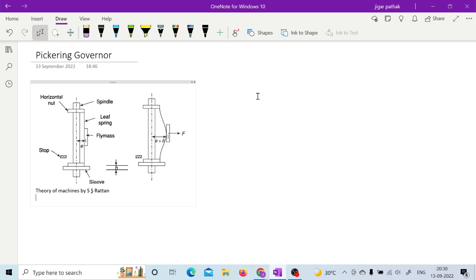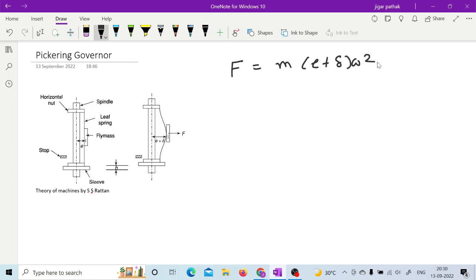So this centrifugal force which it is going to experience is nothing but m(e plus delta) omega square. Now if you remember, in your strength of materials you have this delta of the simply supported beam.